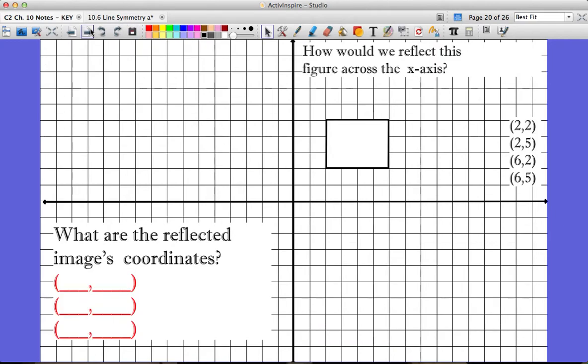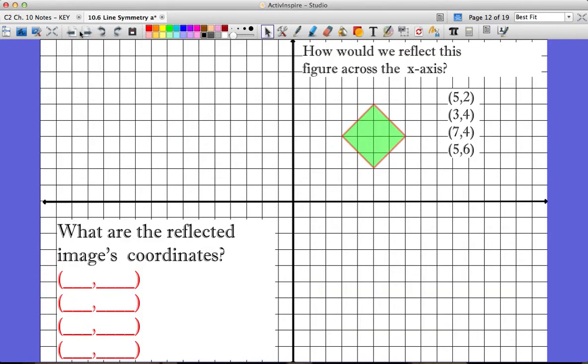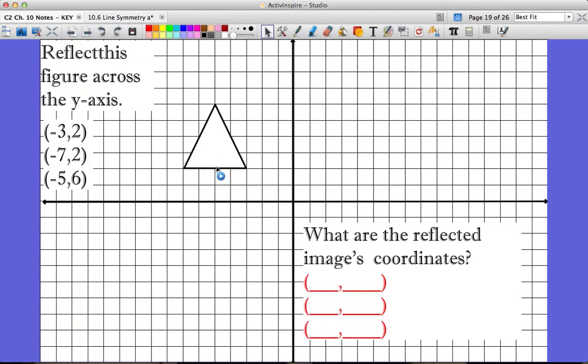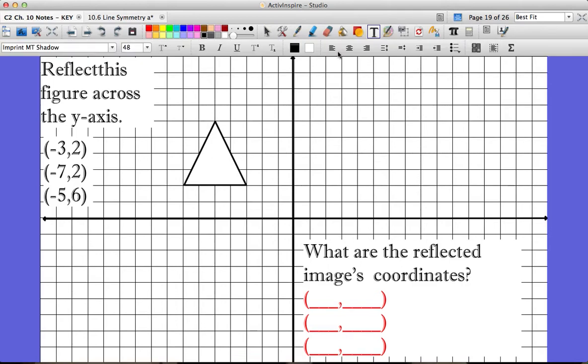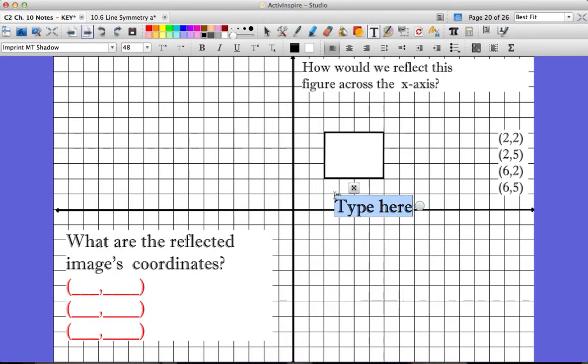And I also want you to do the rectangle as well and post both of those on Edmodo. So in this case, I apologize. In this case, this would be your number 1. And this would be your number 2.